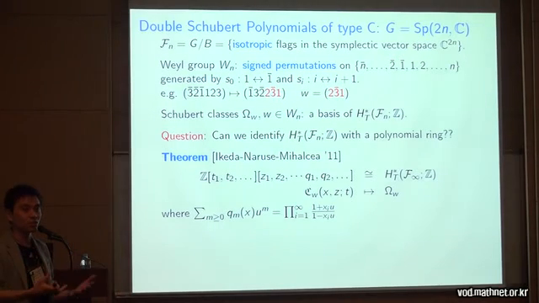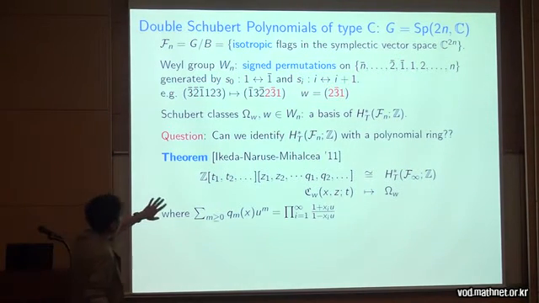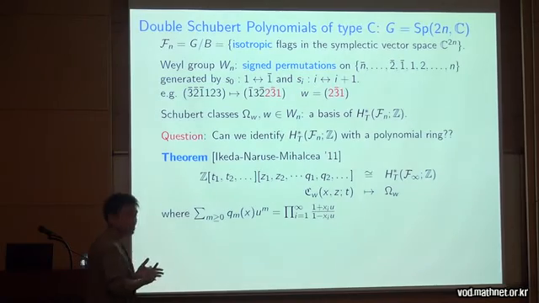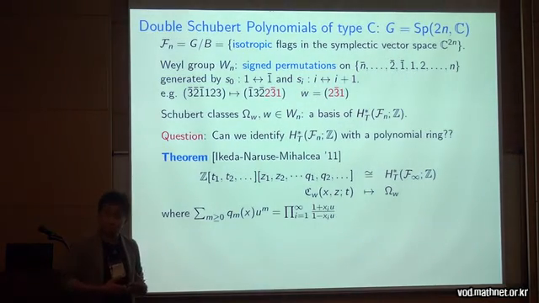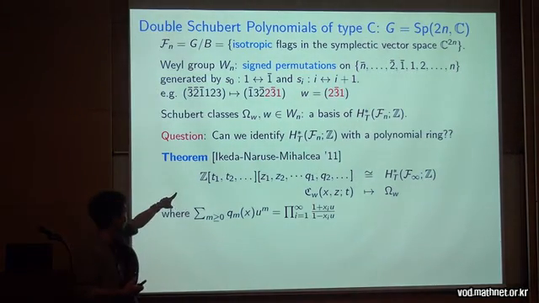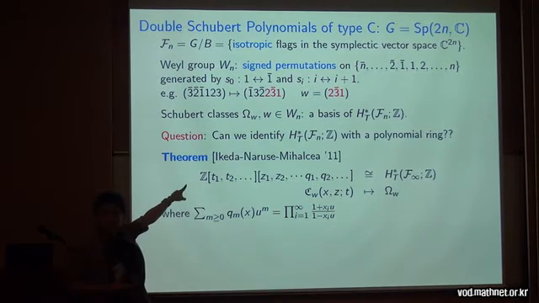If you want to do it on a computer, the ideal is the big problem for commutative algebra people. So if you can think of this equivariant cohomology as an honest polynomial ring, it's big progress if you want to understand the ring structure with respect to this basis.